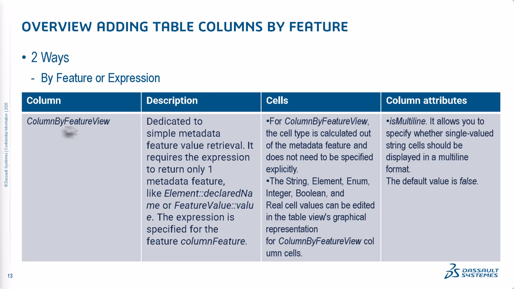If you want to add columns, again, we have this column by feature. So we can go directly just one step away, one property away. Then we can use this. This is sort of like a simple navigation in our structured expression from SysML v1.